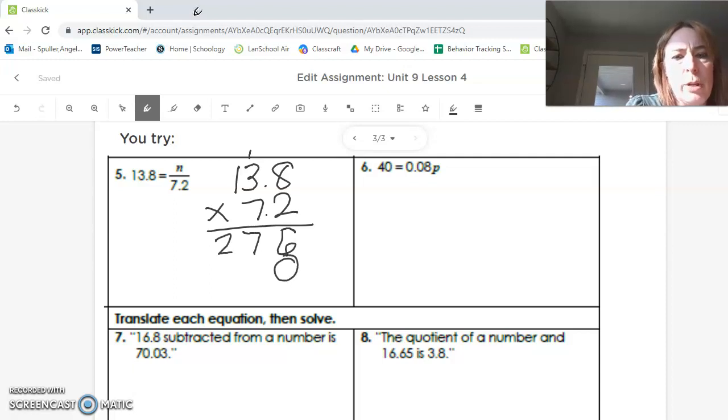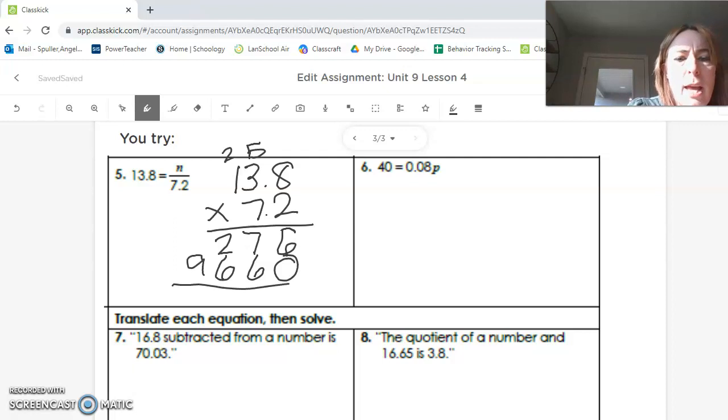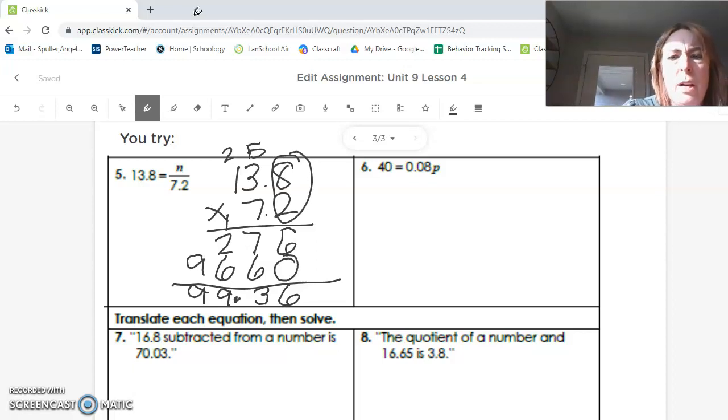Okay, moving to our next one. 7 times 8 is 56, carry the 5. 7 times 3 is 21, plus 5 is 26, carry the 2. 7 times 1 is 7, plus 2 is 9. Let's add these together. We get 6. 13, carry the 1, 8, 9. 9, and we have 2 numbers behind the decimal, so here's our answer.